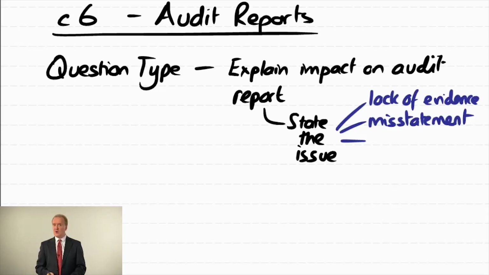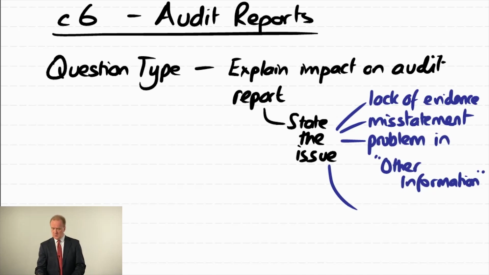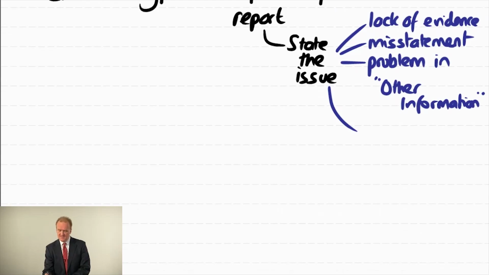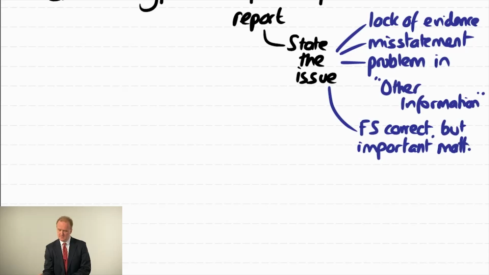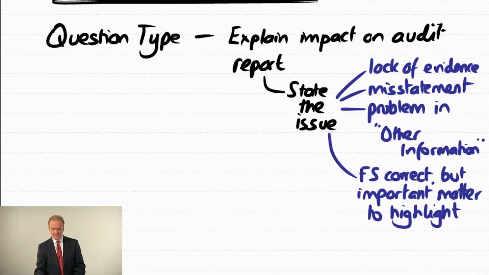Or it could be one of the other paragraphs, meaning there's a problem in the other information. Or the other issue, the financial statements are correct, but an important matter to highlight. So those are the 4 things you're looking out for. So stage 1, say which one of those it is.